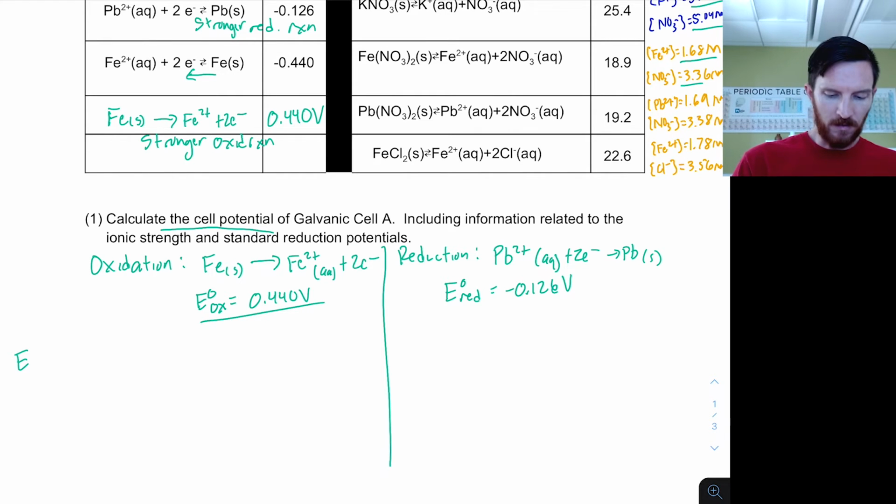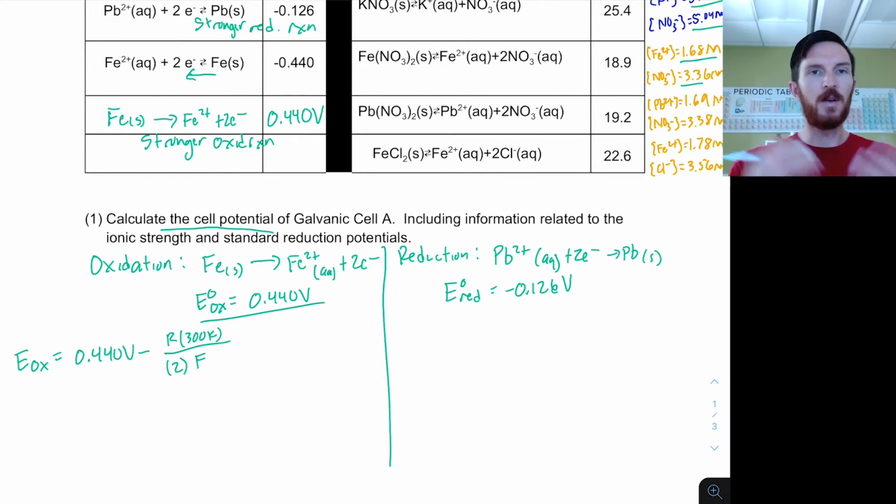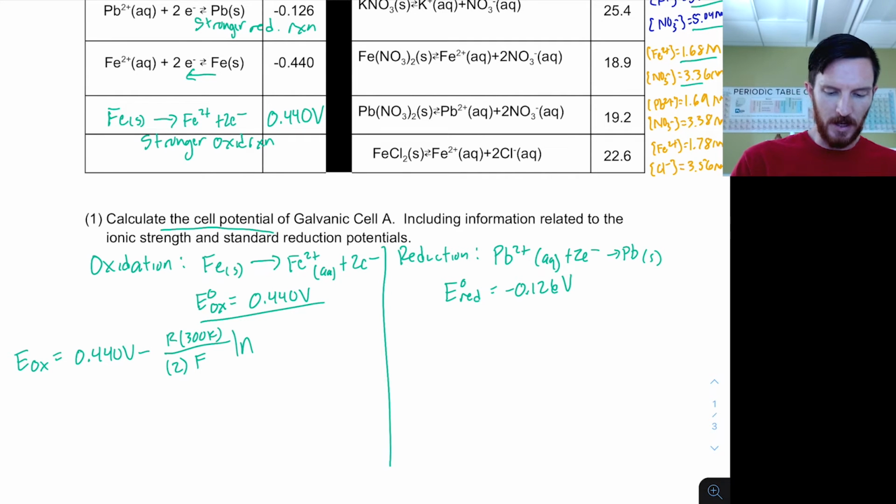If we go here for oxidation, our oxidation potential is going to be our standard oxidation potential, 0.440 volts, minus our 300 Kelvin. We have 2 electrons being transferred here, and I'm going to leave F, because R and F are constants and we don't necessarily need to write them out.